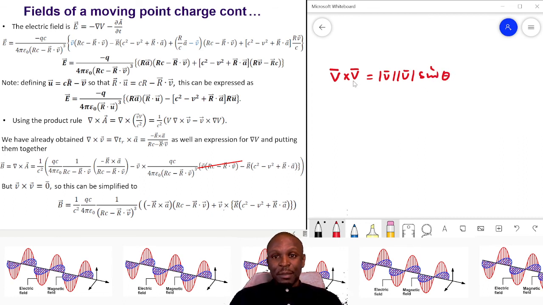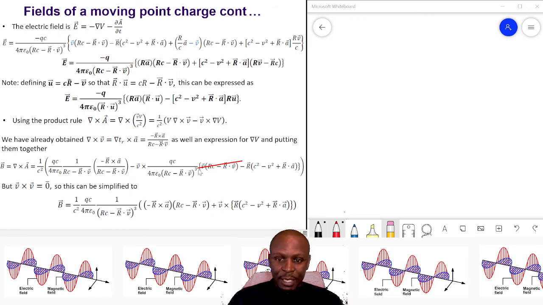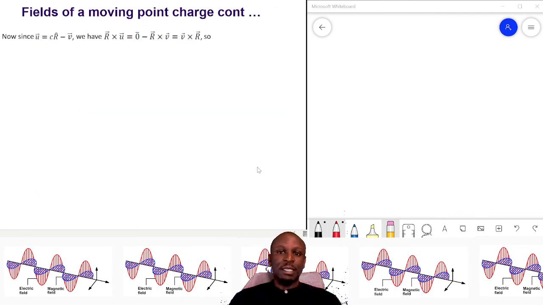The angle between them is 0, and the sine of 0 equals 0. Therefore V cross V will be 0, and that term will just vanish. Then this term: minus multiplied by minus is just going to be plus V cross this term. So that will be your magnetic field.